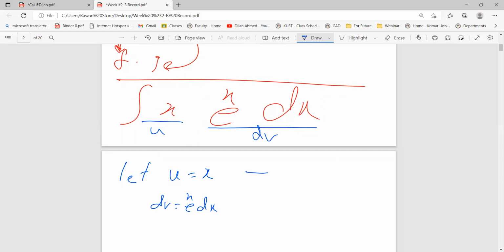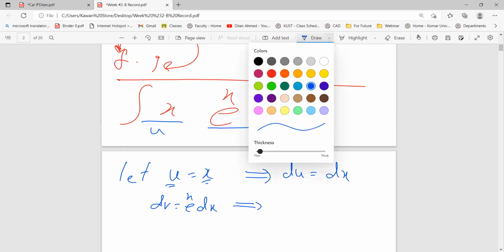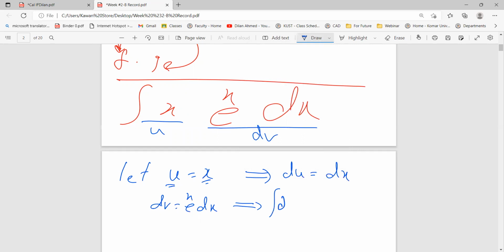So now we suppose u is x and dv is e to the power x. Then directly find du for the first step. So du is equal to what? Here, the derivative of one side equals the derivative of the other side, so I will get dx. And directly take the integral of both sides of dv equals e to the power x dx to get v.